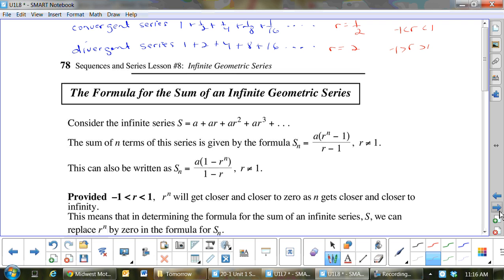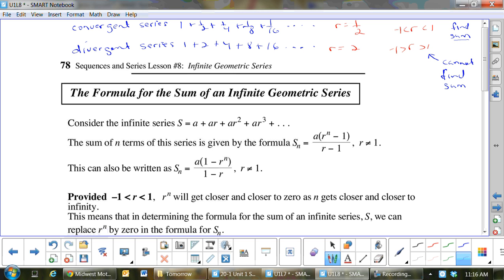Now, this one, you can find the sum. Okay, this one cannot find the sum. You can't find the sum of something if we don't even know what the last term is.